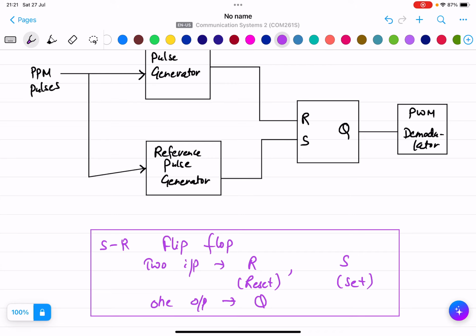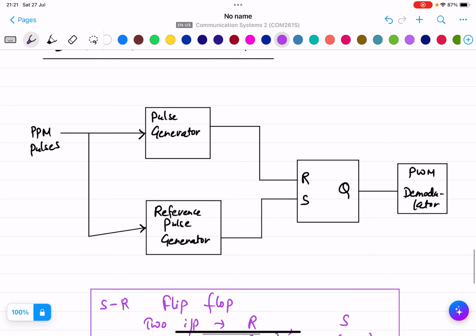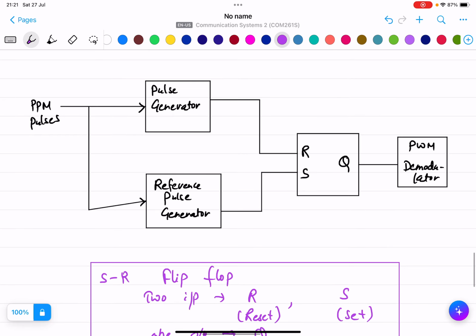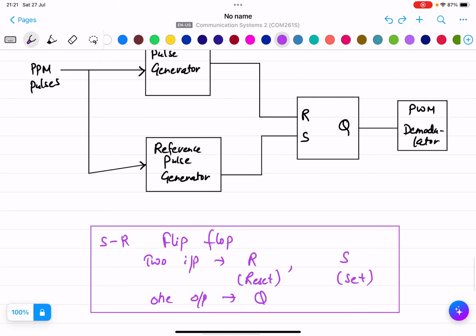What will happen is corrupted PPM becomes clean PPM. This PPM goes to the reset pin. We get the corrupted PPM, and this PPM goes to the reset pin.